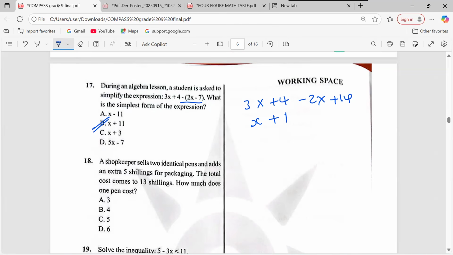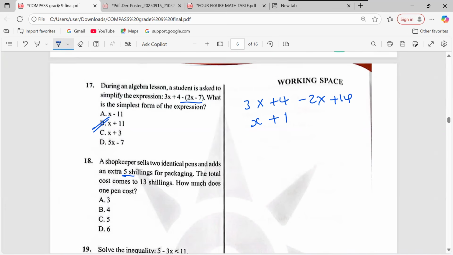A shopkeeper sells 2 identical pens and adds an extra 5 shillings for packaging. The total cost comes to 13 shillings. How much does 1 biro cost? So 1 biro costs, a shopkeeper sells 2 identical pens, 5 shillings per package.